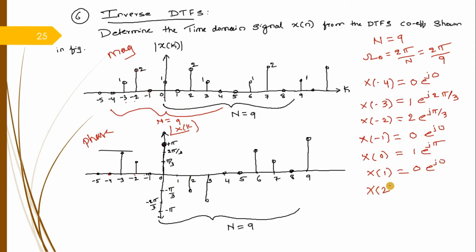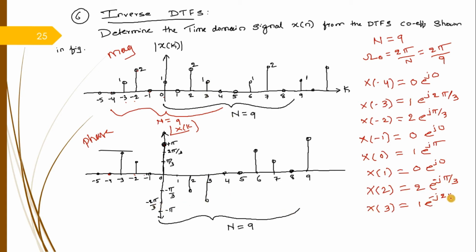Next, x of 2: magnitude is 2, e raised to j, here it is minus pi by 3. So hence I write here minus pi by 3. X of 3 is 1, e raised to j, the phase is minus 2 pi by 3.